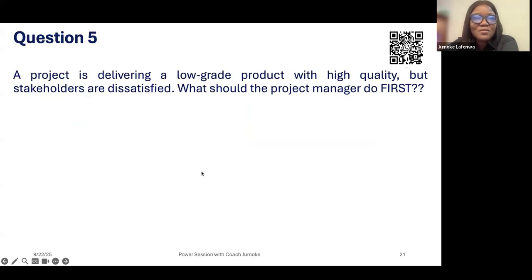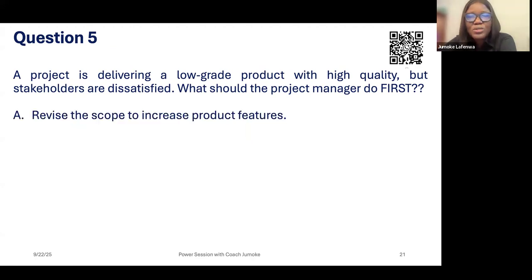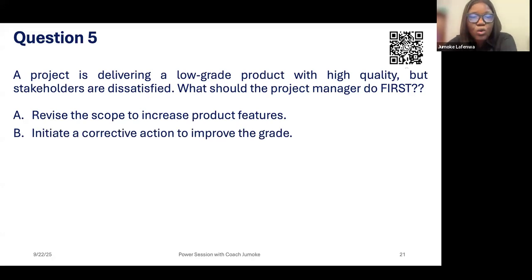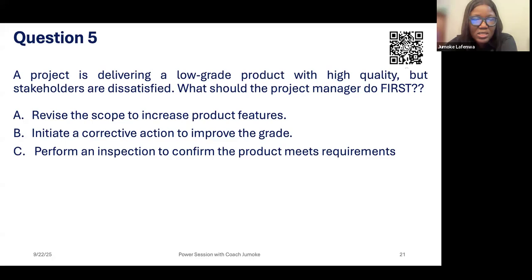All right, the last question for today, I reduced it from 10 to 5. A project is delivering a low-grade product with high quality, but stakeholders are dissatisfied. What should a project manager do first? A, revise the scope to increase product features. B, initiate a corrective action to improve the grade. C, perform an inspection to confirm the product meets requirements.